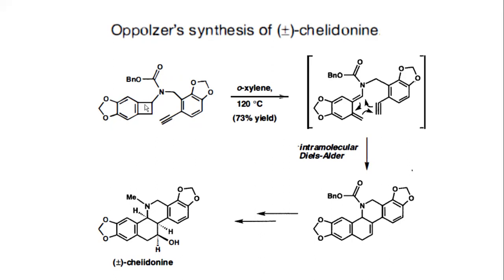Here you can see that this type of ring structure can be synthesized easily by oligomerization of acetylene derivatives, and further by coupling this type of molecule, we get this product, which on treatment with orthoxylene at 120 degrees centigrade undergoes an intramolecular Diels-Alder reaction, and we get this type of product, which is further converted through different steps into our target molecule chilodonine.